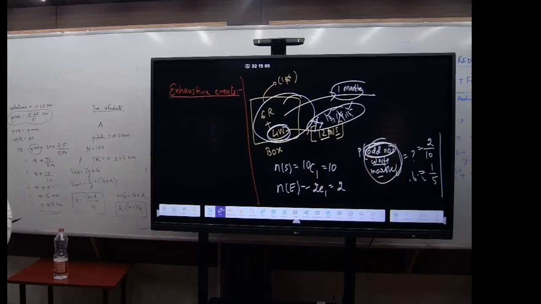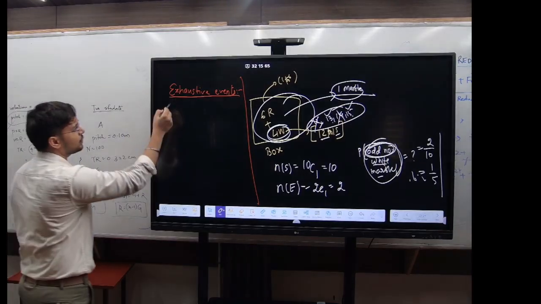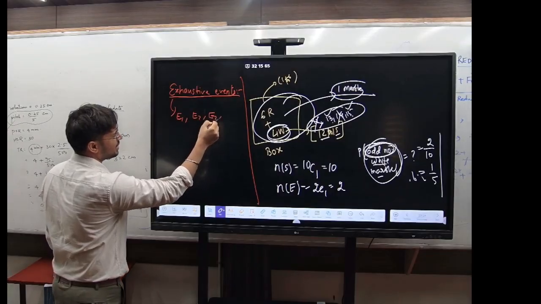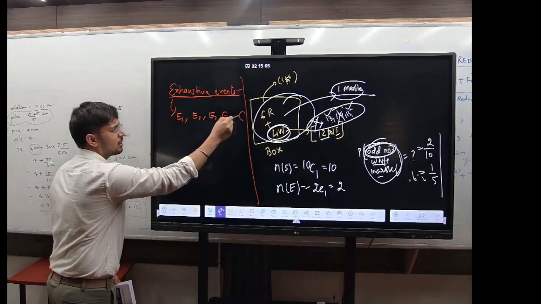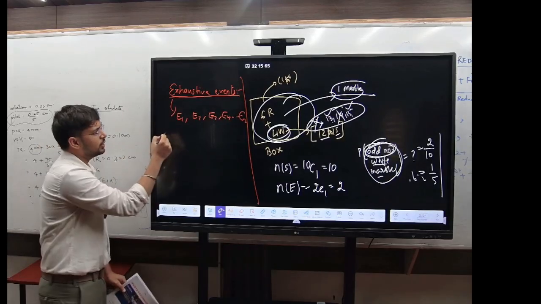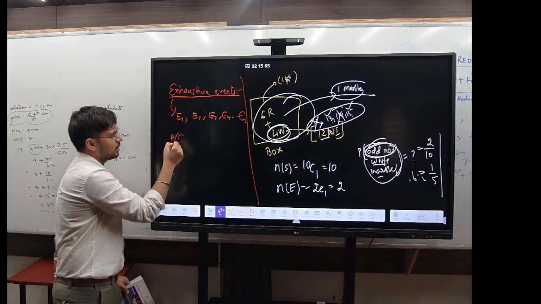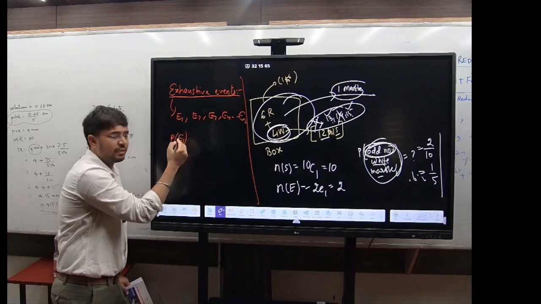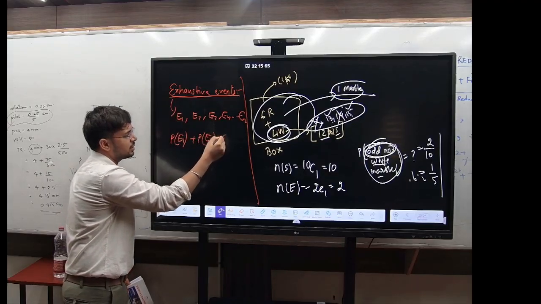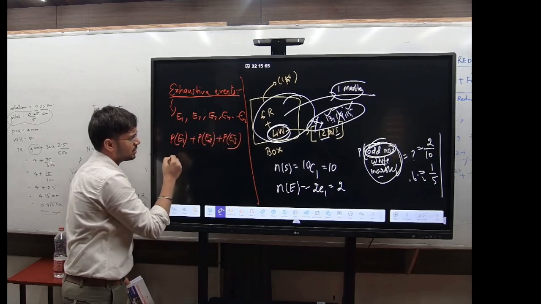What do you mean by exhaustive event? Let's say there are a few events given, E1, E2, E3, E4 and so on. If you take the union of the events, the probability that E1 will occur, plus the probability that E2 will occur, E3 will occur.